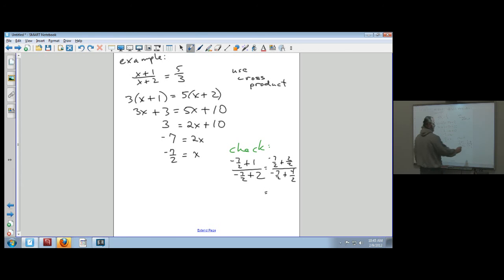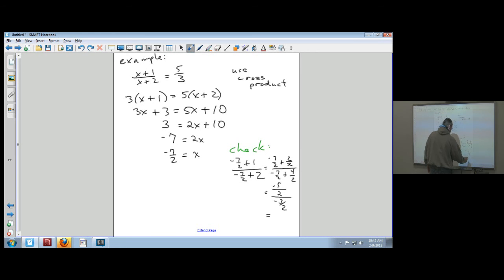So we end up with negative 5 halves over negative 3 halves.